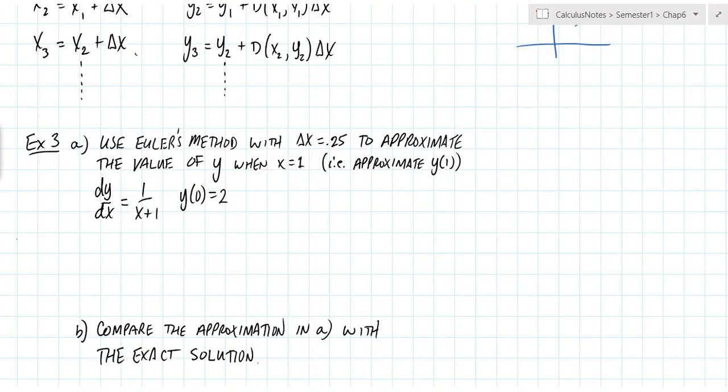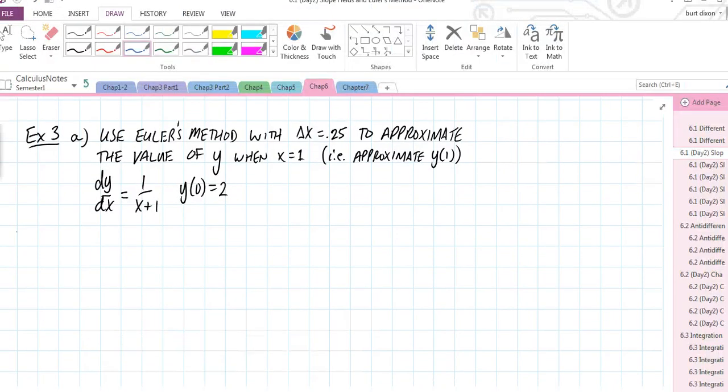So using Euler's method with the differential equation dy/dx equals 1 over x plus 1 and an initial value of y of 0 equals 2, we're going to move over in steps which are actually kind of large.